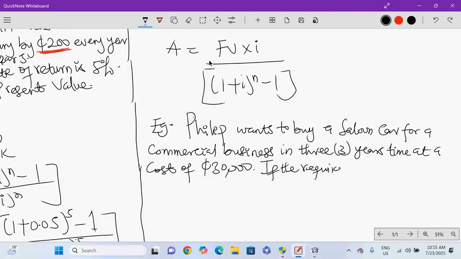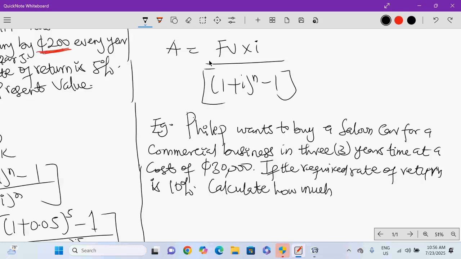If the required rate of return is 10%, calculate how much she would contribute every year.